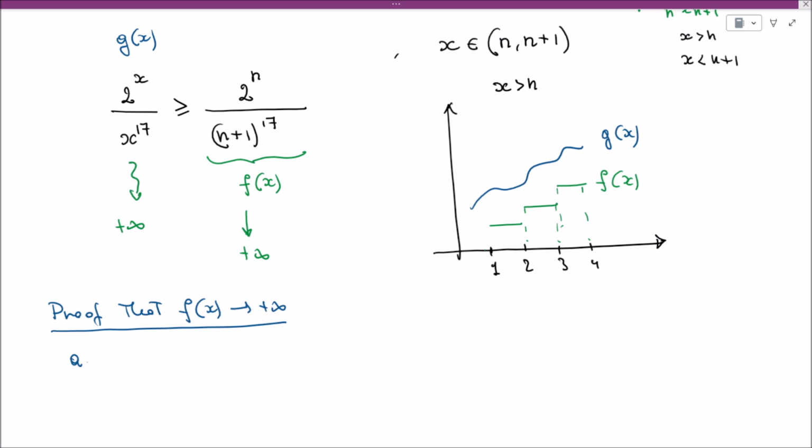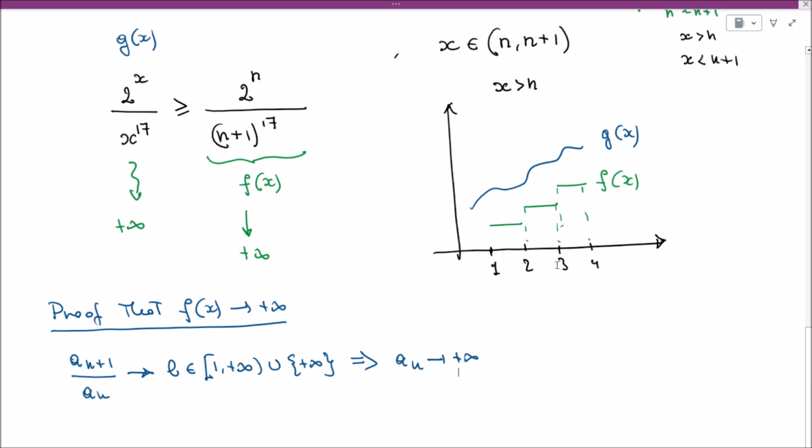We need to find the limit of a n plus 1 divided by a n. If this limit tends to L, which can be something in the interval 1 to plus infinity, but can also be plus infinity, then this is a sufficient condition to say that a n will diverge to plus infinity. Okay, let's do it. Now remember that we have 2 to the n divided by n plus 1 to the 17.